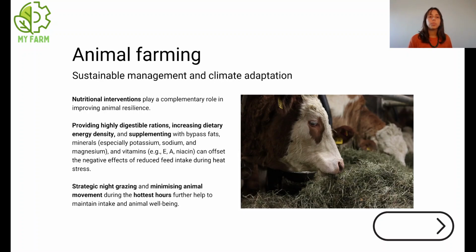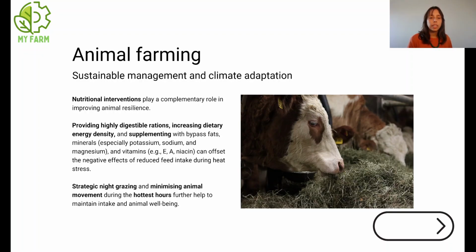Nutritional interventions play a complementary role in improving animal resilience. Providing highly digestible rations, increasing dietary energy density, and supplementing with bypass fats, minerals, especially potassium, sodium, and magnesium, as well as vitamins, vitamin A, vitamin E, niacin, can offset the negative effects of reduced feed intake during heat stress.